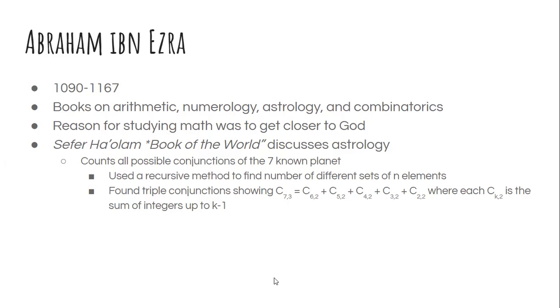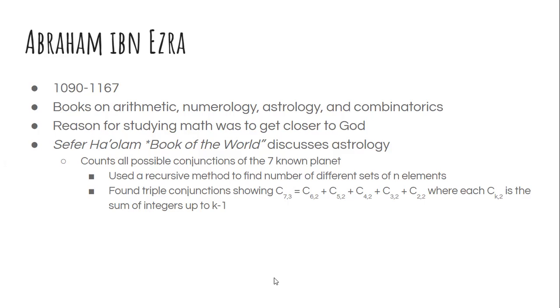So in order to calculate the number of different sets of n elements out of the 7 planets that we had at the time, a recursive method was used. He took partial sums of the sequence 1 through 7 with the 7 known planets, and then he took the partial sum of the sequence of those partial sums.